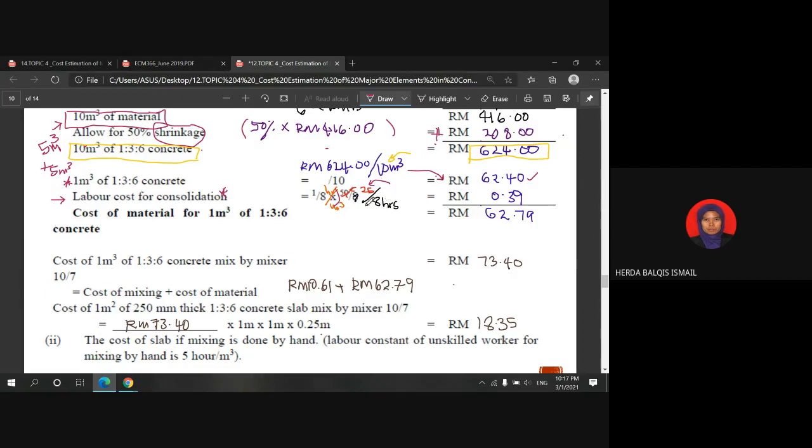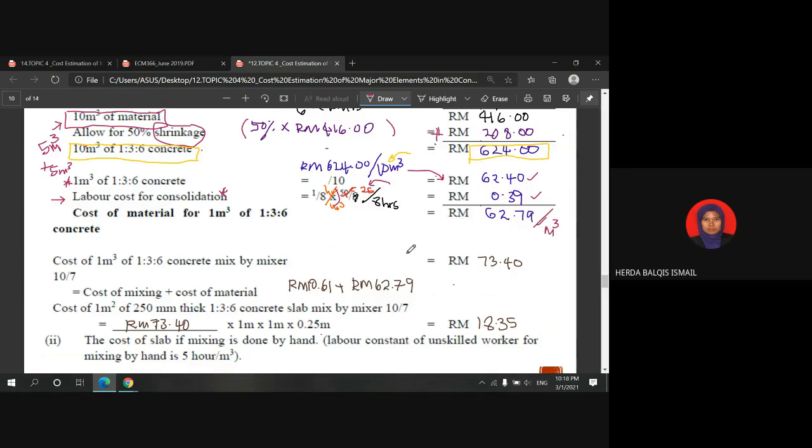Convert the rate into hours, and you will get the labor cost for consolidation, which is 39 cents. Therefore, the cost of material for 1 cubic meter of concrete with ratio 1 to 3 to 6 is 62 ringgit and 79 cents. So this is the cost per cubic meter.